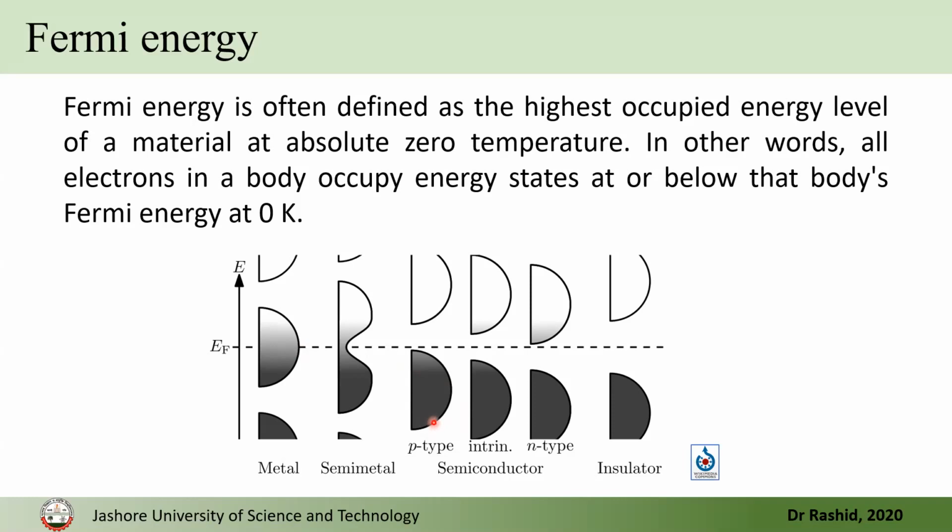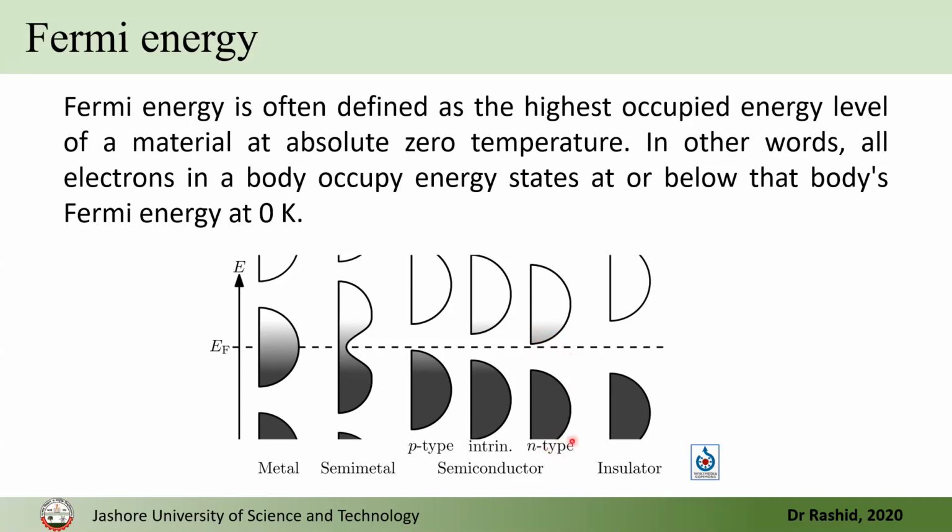And for a p-type semiconductor, it is close to the valence band. And for an n-type, it is close to the conduction band. So you can see gray here. That means we have some carriers here.